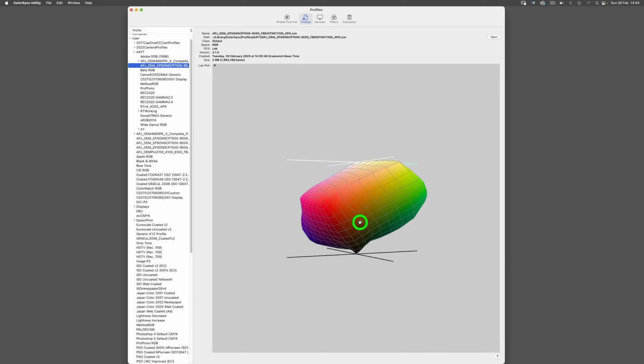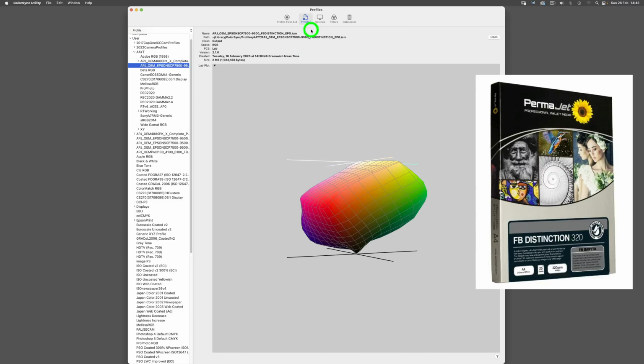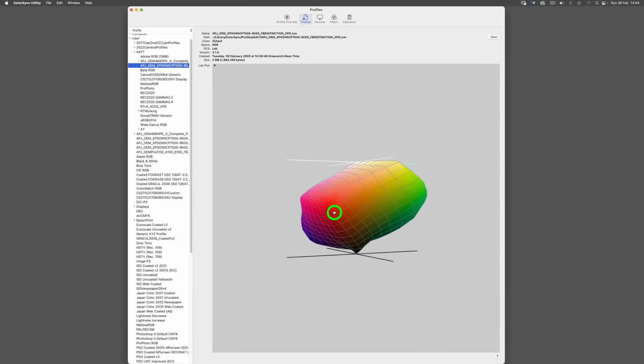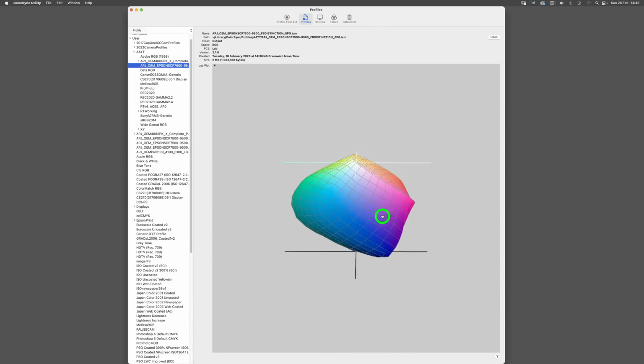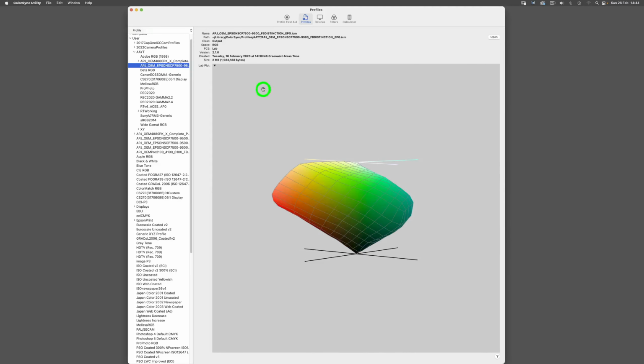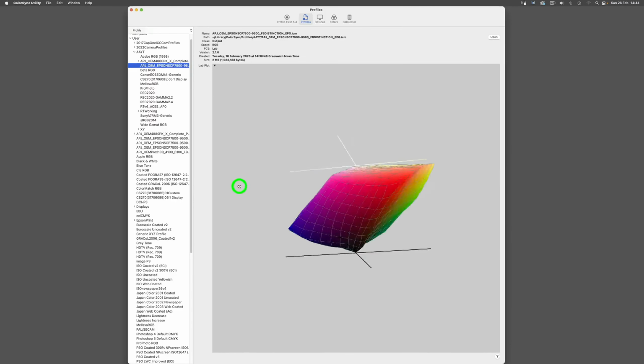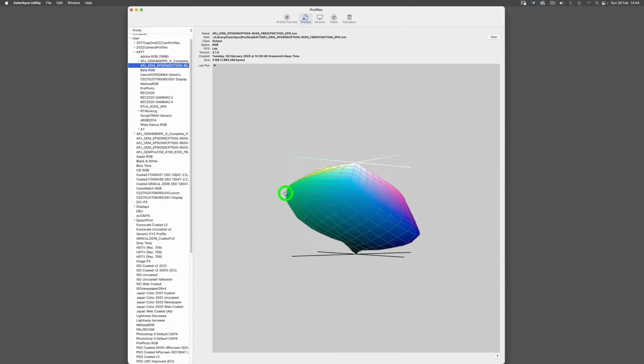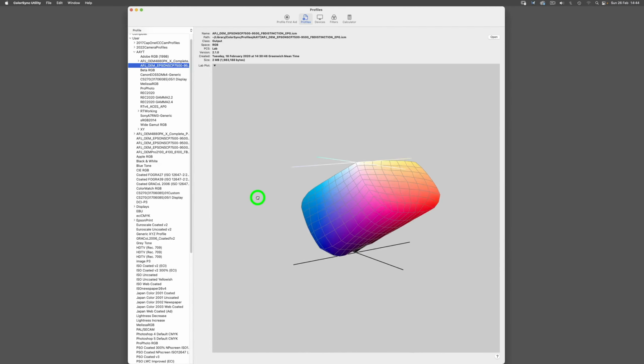This profile is actually supplied by Permajet for their fibre-based distinction paper using Epson OEM ink. So this colour space represents all the colours that can be printed on that printer using this paper, fibre-based distinction, and Epson ink. Alright, and you think to yourself, yeah, well, what's this all about, Andy? Where's the relevance of this?